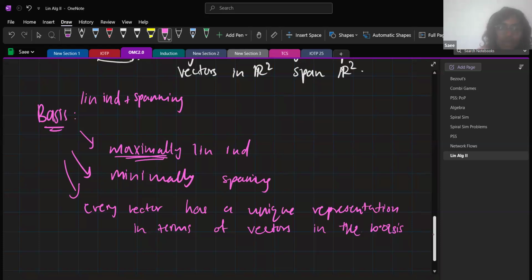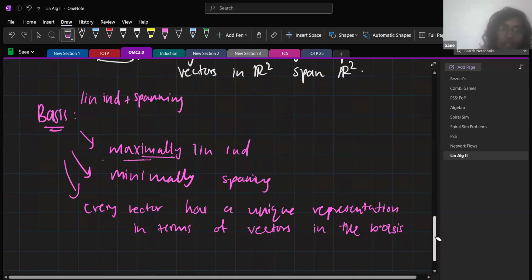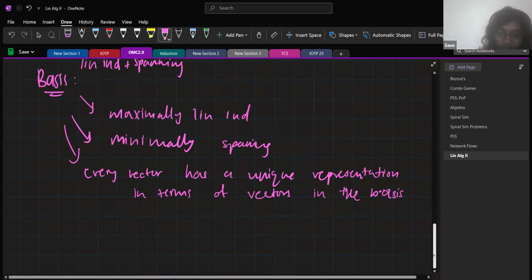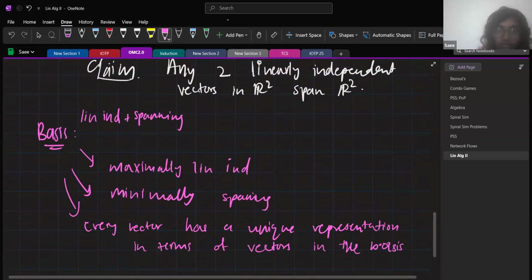As it turns out, that is in fact the same as maximal here, but the important part is that it's maximally, which means you cannot add anything more to it and still have it be linearly independent. So these were some things we ended off with in the last class. Any questions about any of these things?